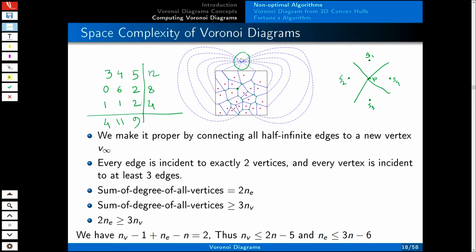Suppose I want to find out the sum of the degrees of this graph. Sum of the degrees, you know what a vertex degree is. Everyone knows what a vertex degree is. In a graph, suppose this is your graph, the degree of a vertex is the number of edges incident to that vertex.